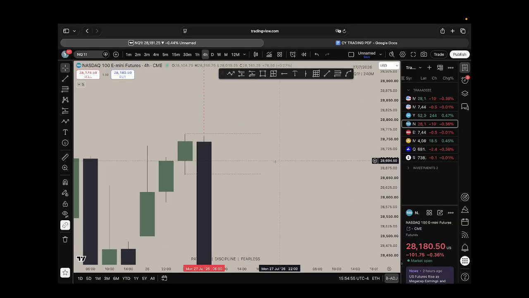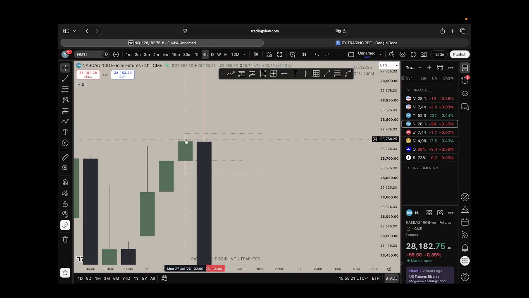If the candle is a green candle, right after the 4-hour closes, this would be considered the opening price of that candle. So you have to understand, if it's a green candle, if we're moving up and the candle closes bullish, the bottom of the candle is that candle's opening price, okay?